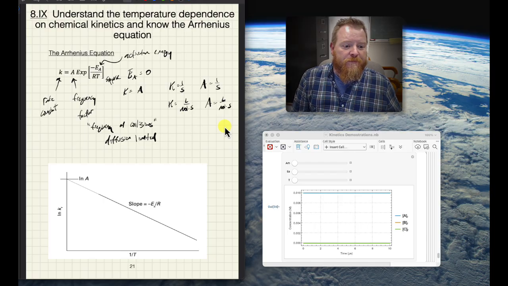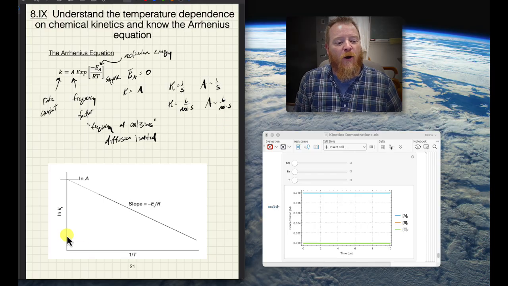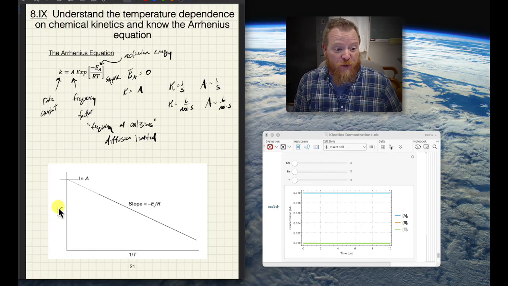Okay. And so now you might notice below me here, we've got our famous plot, natural log of some parameter versus 1/temperature.